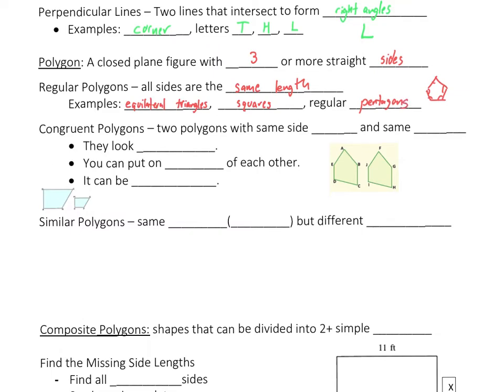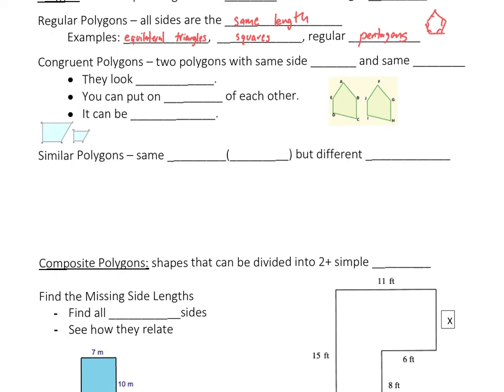Next, congruent polygons are two polygons with the same side lengths and the same angles. Not all the angles have to be the same, but if we have two congruent polygons, like this picture I have here, angle A is the same as angle F, angle B is the same as angle G, H is the same as C. Line segment ED is the same length as line segment JI.